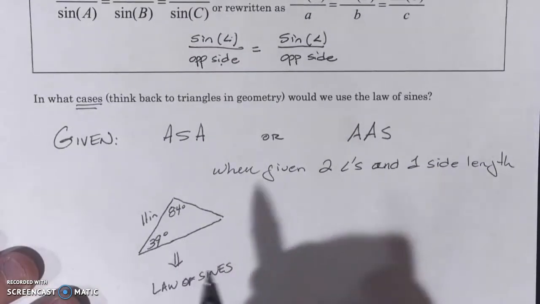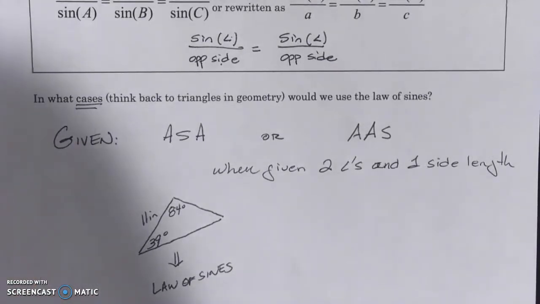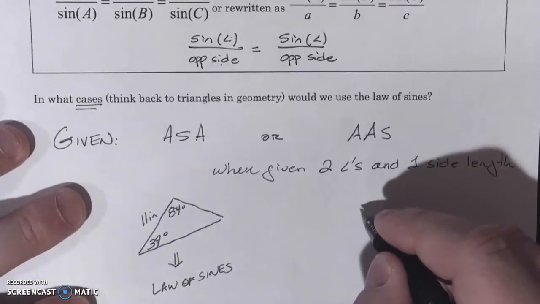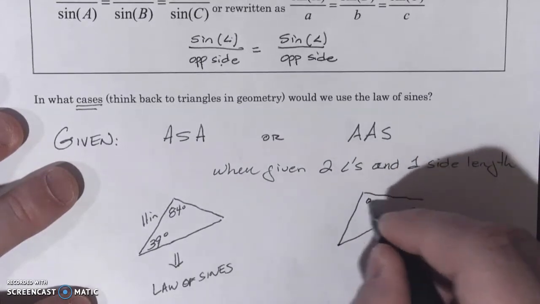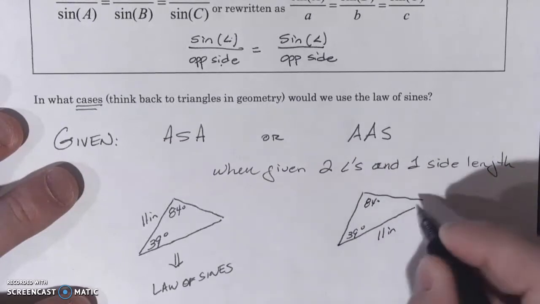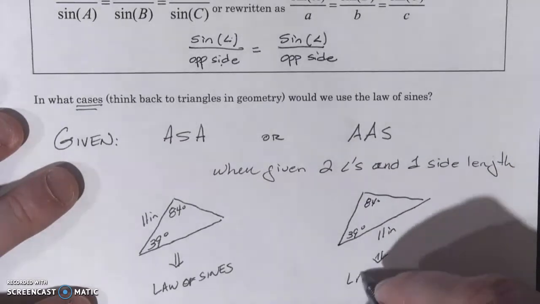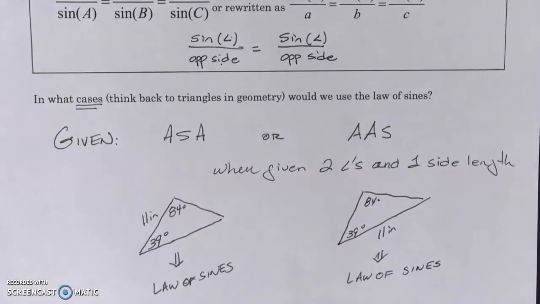We'd be able to solve first for one of these two. In the angle angle side case, similar diagram. Let's say we were given 84 degrees, 39 degrees, and the 11 inches was over here. We would want to use law of sines.